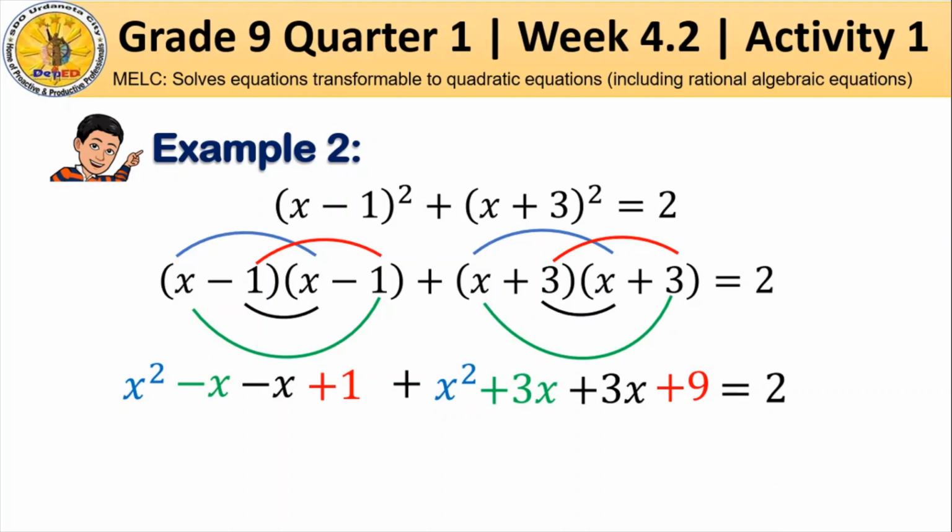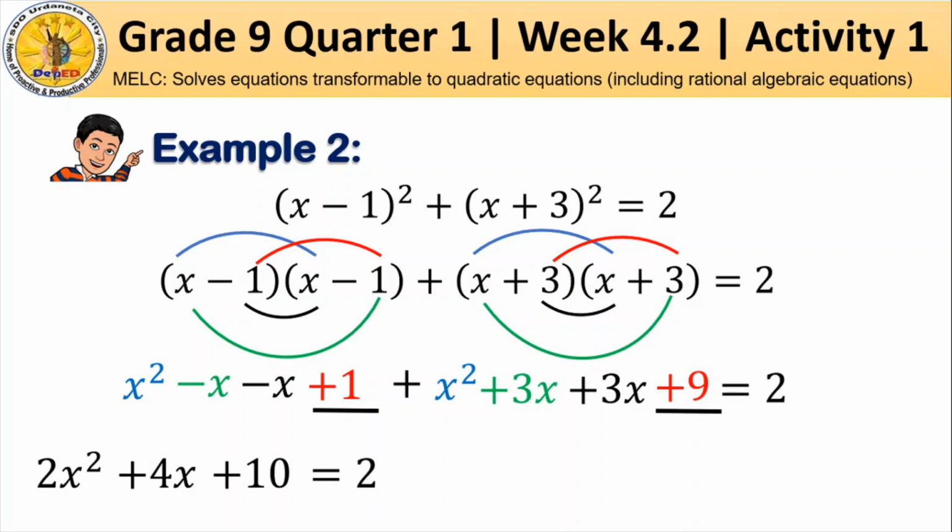Next, we combine like terms. X squared plus x squared, we have 2x squared. Negative x minus x plus 3x plus 3x, we have positive 4x. Positive 1 plus 9 is positive 10.